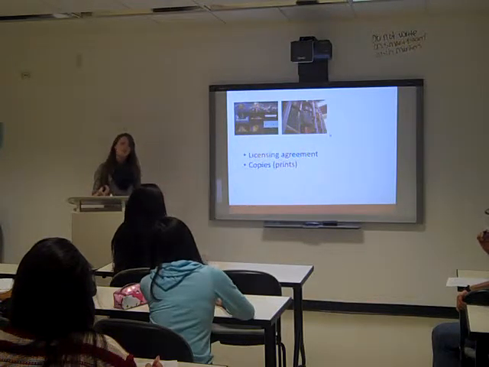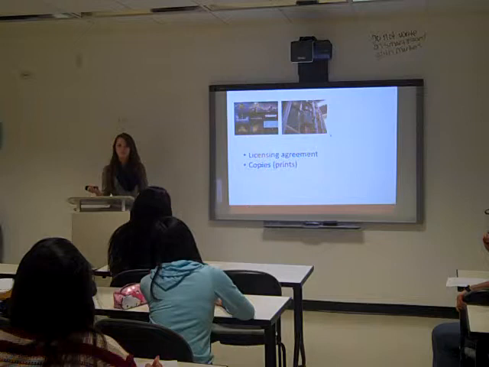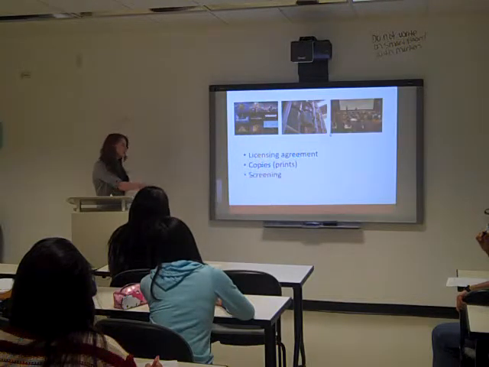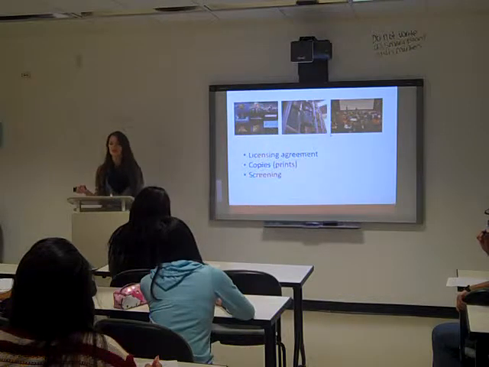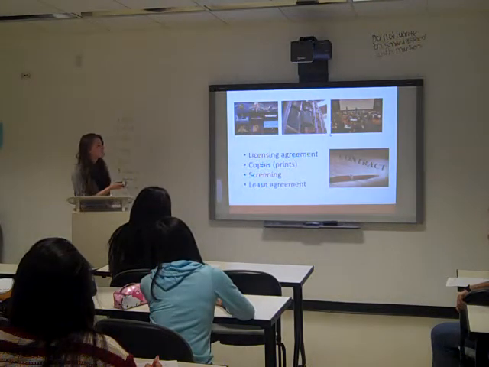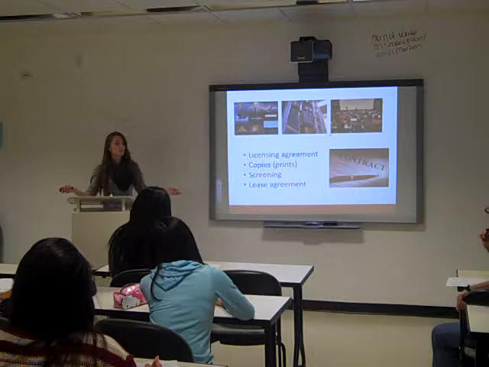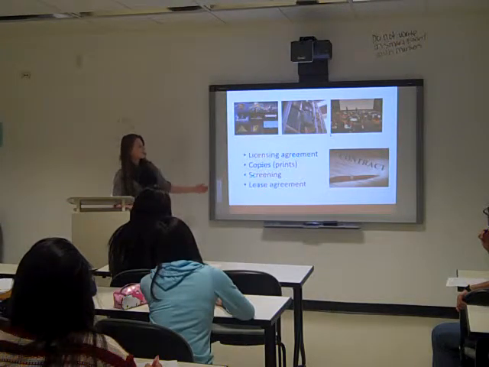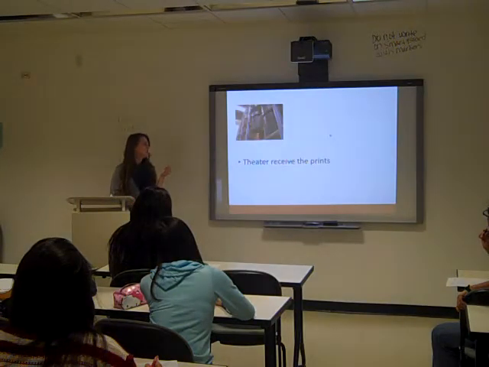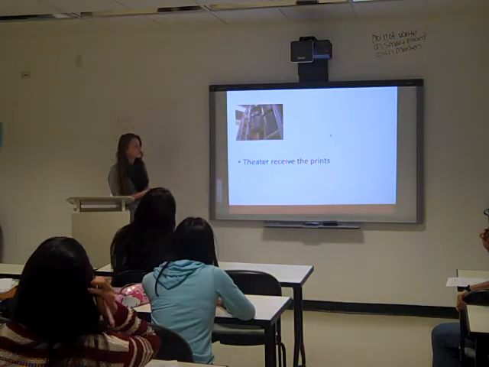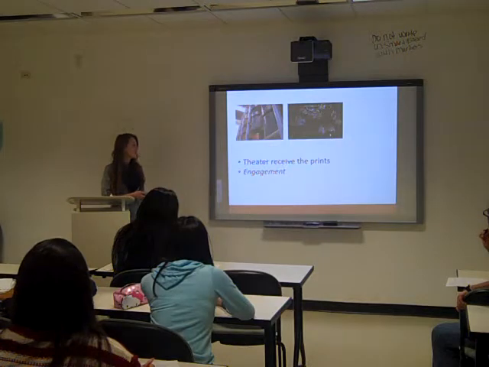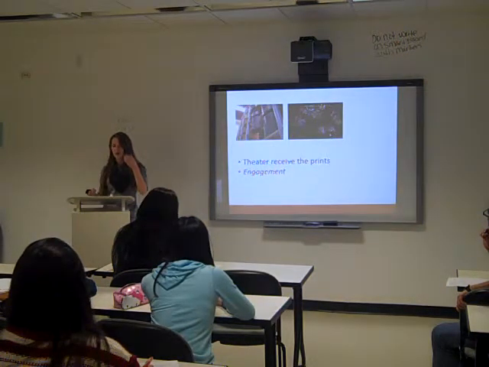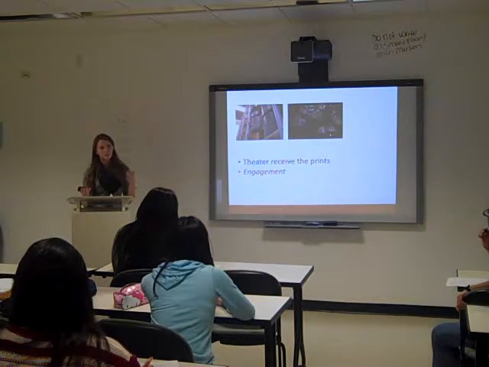The distribution company decides how many copies or prints to make, and they show the film to prospective buyers that represent the theaters. When they find these buyers, they make the lease agreement with the theaters. When the theater receives the prints, they decide for how many weeks they will show the movie.